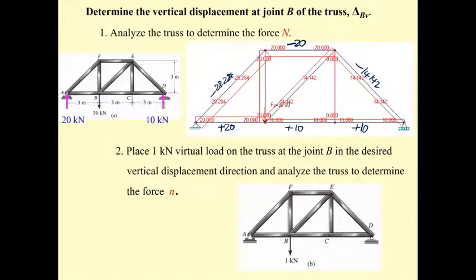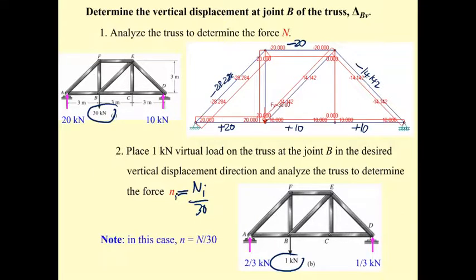And for capital N, this time you may notice that the 30 kilonewton and the 1 kilonewton are at the same point in the same direction, but the value is 30 times different. So if you know this capital N, the small n sub i is going to be capital N divided by 30, and then you get the result.